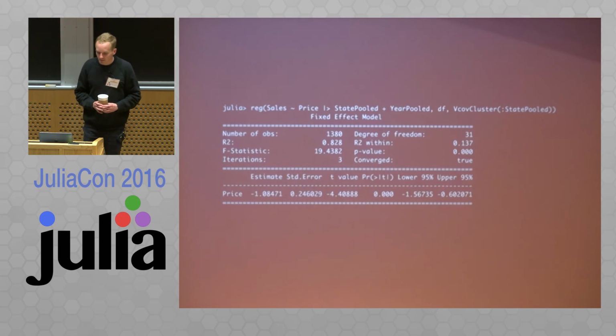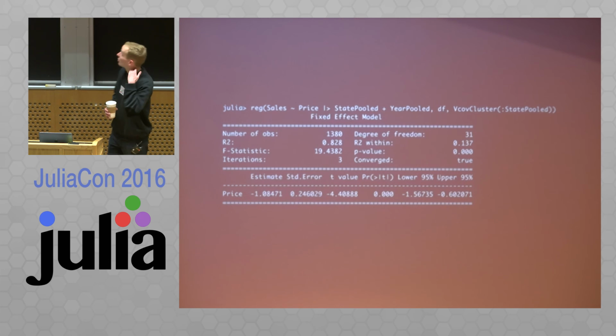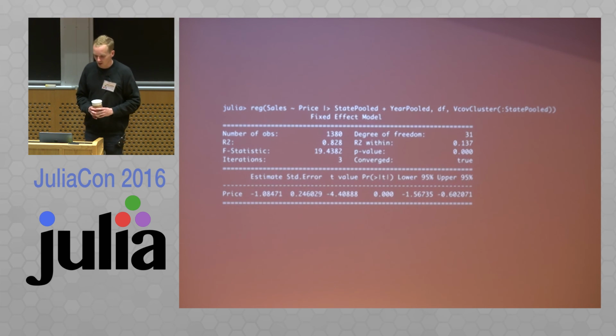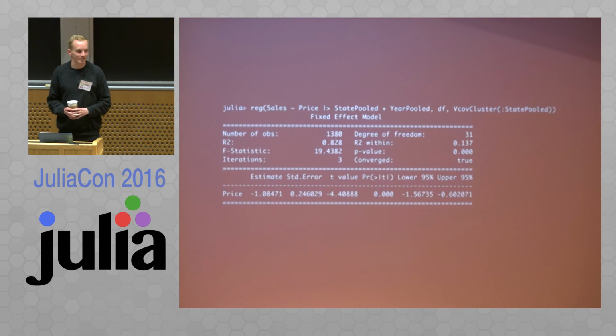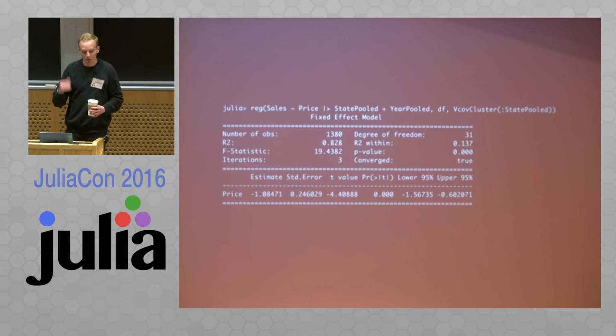So this is basically what happens when you use the program. You do reg, so reg is the name of the corresponding Stata command. So you have a y, sales, then you have this symbol, price is a regressor, and then in this example, I have 2 high-dimensional categorical variables, state pool and year pool. So state pool is a pooled data array that specifies the state, and year pool specifies the year.